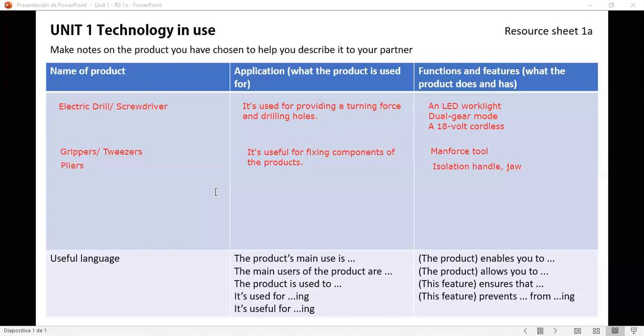Yes. This kind of machine is regularly used for different materials.